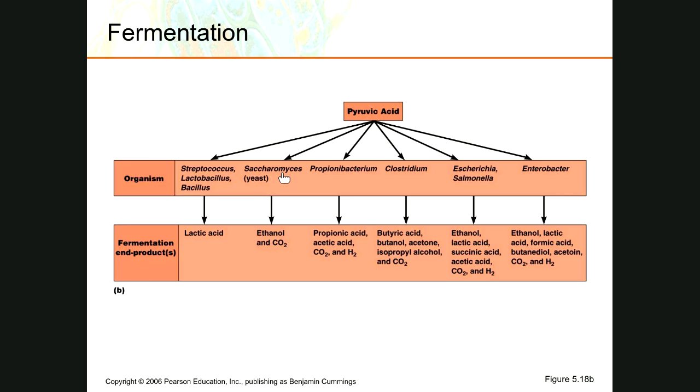It rises because the bubbles of CO2 are trapped in the dough. So fermentation has many useful purposes for us. But a wide variety of microorganisms ferment and produce a variety of substances, including some nasty things like acetone or isopropyl alcohol, which is rubbing alcohol.